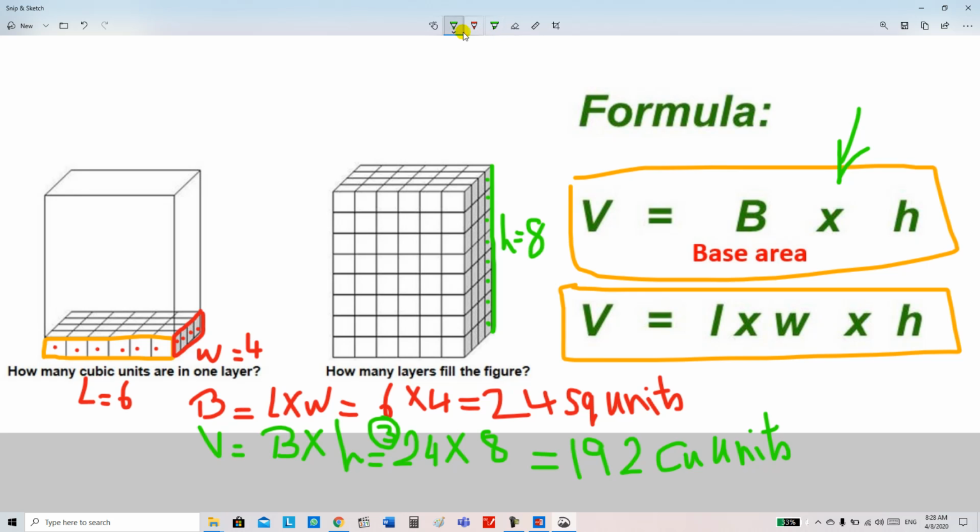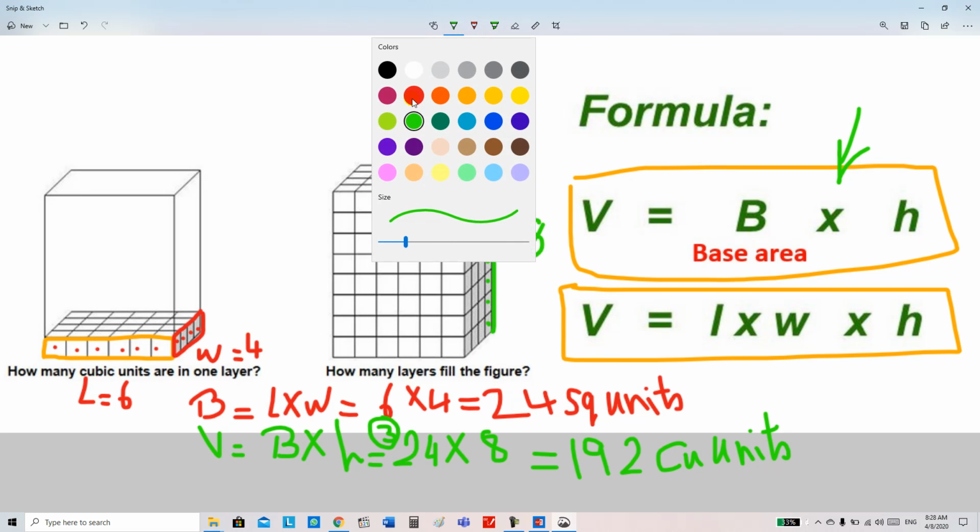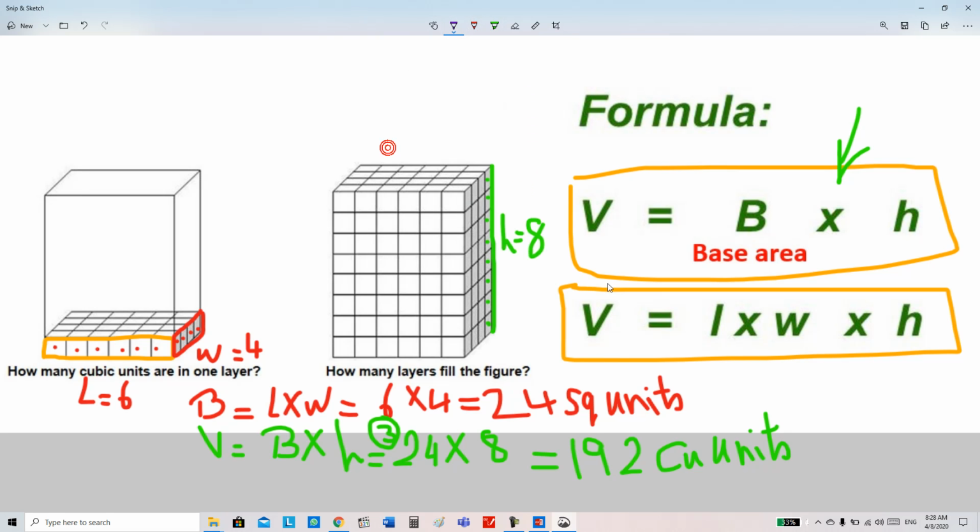If you want to use the other formula, what are we going to do? This is a direct formula. We have the volume if we have length, width and height, so multiply them directly to get the volume.